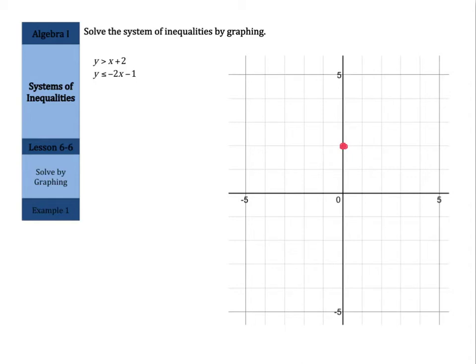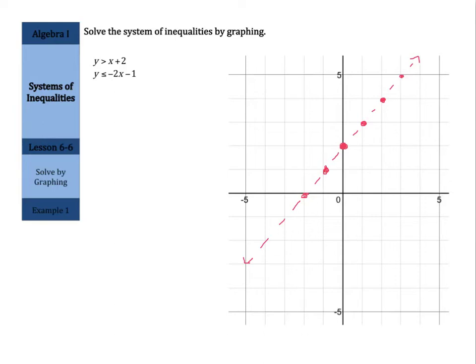So rise 1 over 1, rise 1 over 1, and so on. Also apply the same thing going down. And of course this is going to be a dashed line, as we have just the greater than.